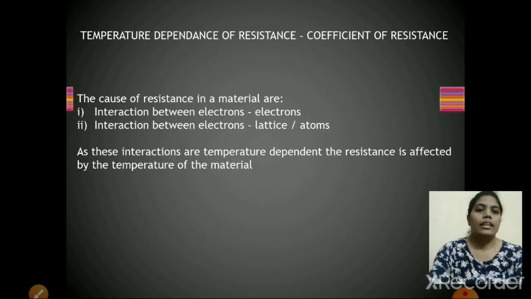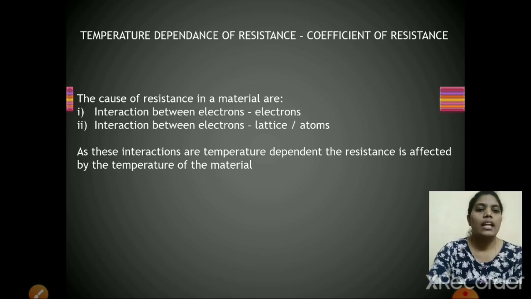Next, temperature dependence of resistance, or simply the temperature coefficient of resistance. The cause of resistance in a material is because of interaction between electrons, and interaction of electrons with the lattice or with the atoms.